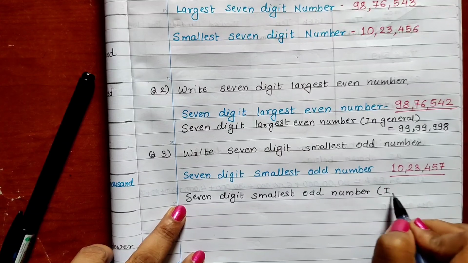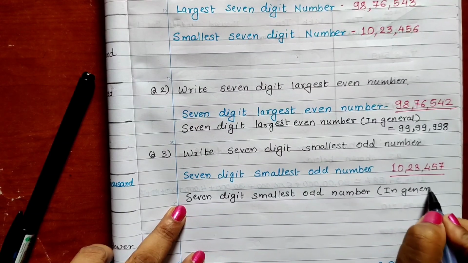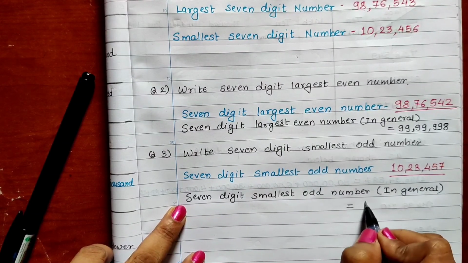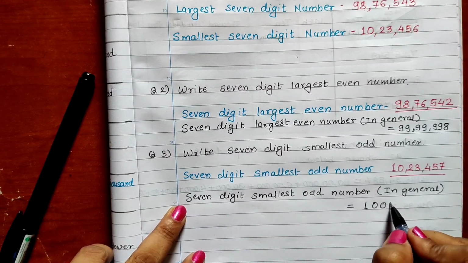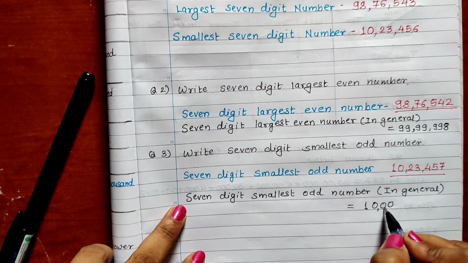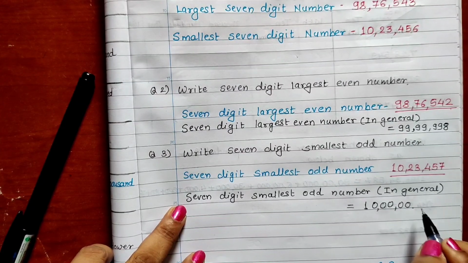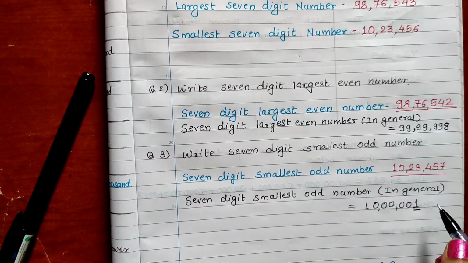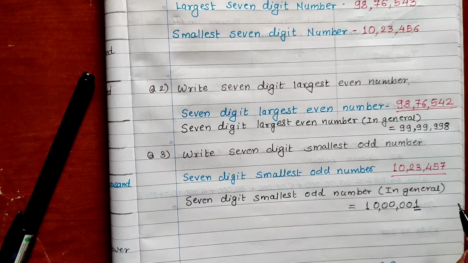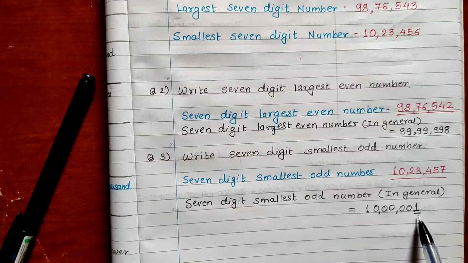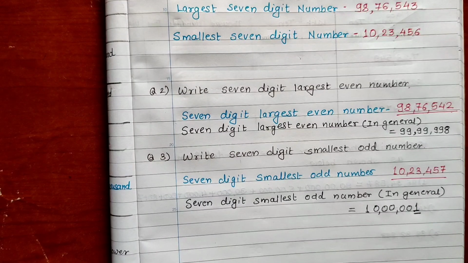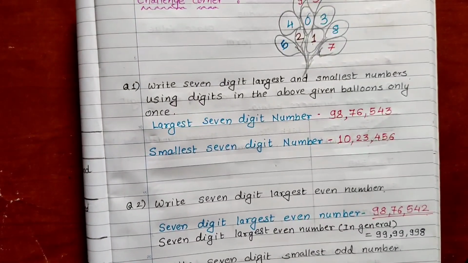In general again, you can start from 1, then all the other digits will be 0 because we have to write the smallest number. So 1, then 0s, and the 7th digit will be 1. If you write 1, it becomes an odd number, and if you write 0, it becomes an even number. So as we have to write the smallest odd number, we write 1 at the unit place. In this way, you can complete your activity sheet number 2.